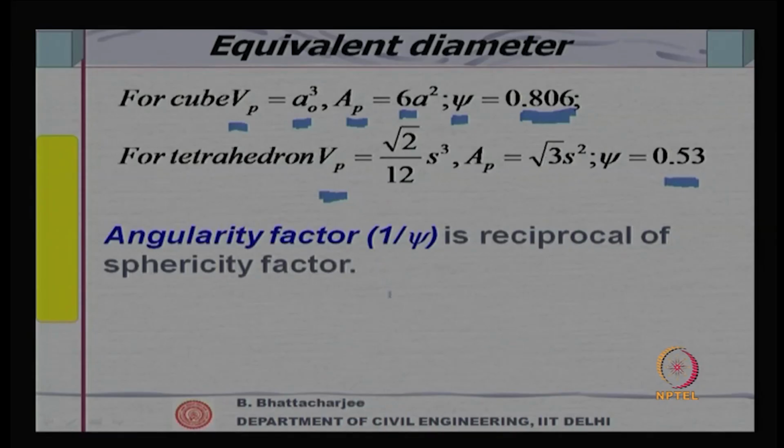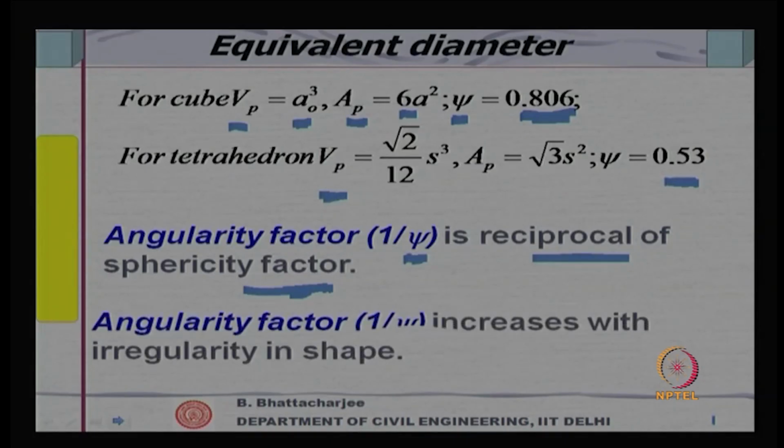So, the angularity factor, 1 by xi, is the reciprocal of the sphericity factor. So, we define another term. This is how we can quantify shape in some manner. The angularity factor is the reciprocal of the sphericity factor, and this increases with irregularity in shape or angular shapes.